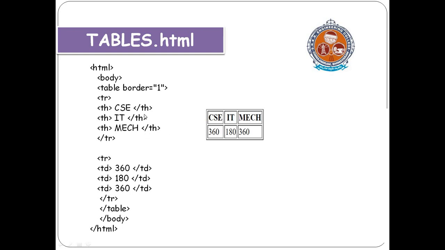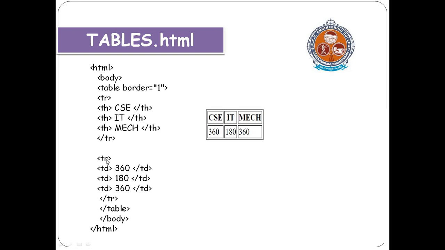Because they are defined as headings, they will be displayed in bold format. So the first row is complete. Whenever you open a row, after inserting the data, the row should be closed. So here I have mentioned the closing of tr.